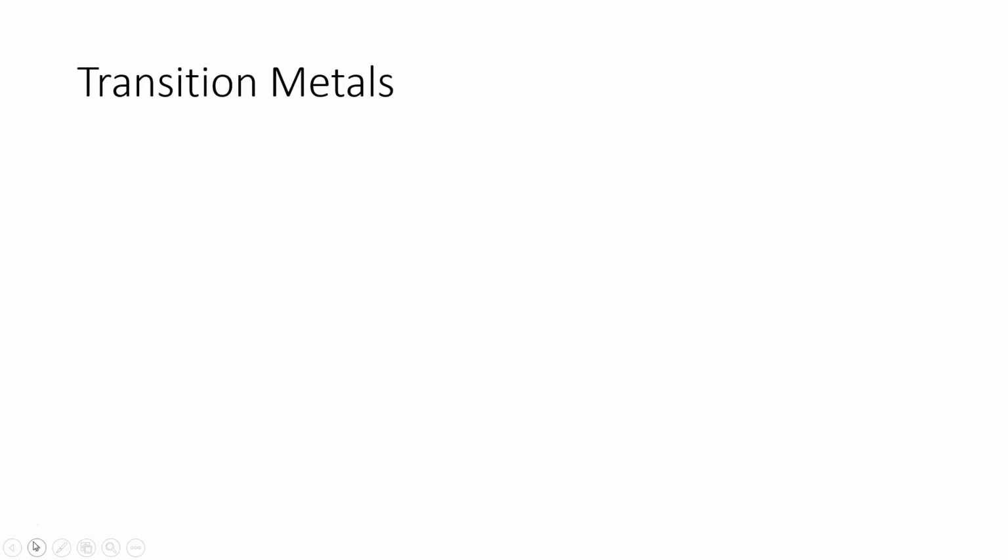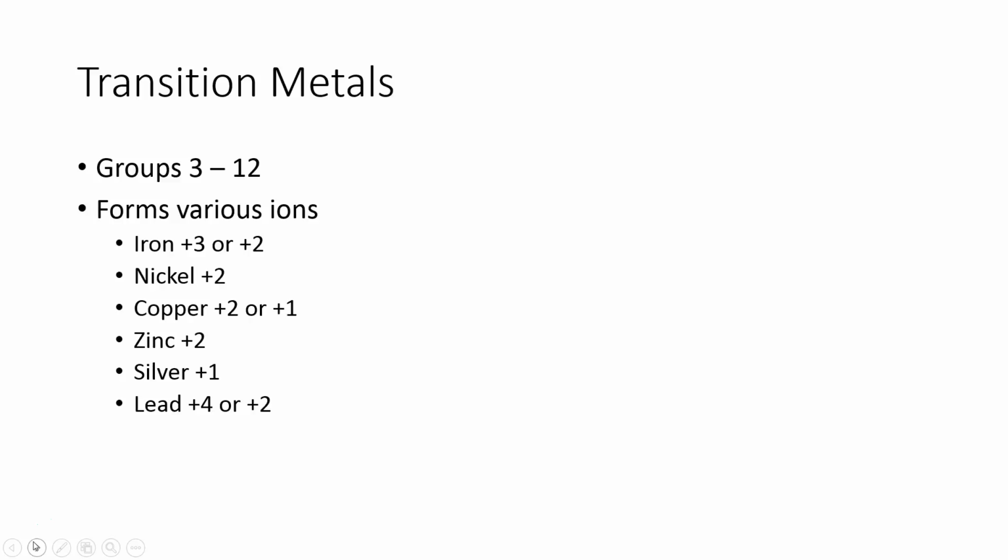Finally, the transition metals. Now, that's the 10 groups in the middle of the table, groups 3 to 12 in the new naming system. Now, transition metals, all bets are off here, and just about anything can happen. They form various ions, and this is a short list of transition metals that you'll just need to learn.